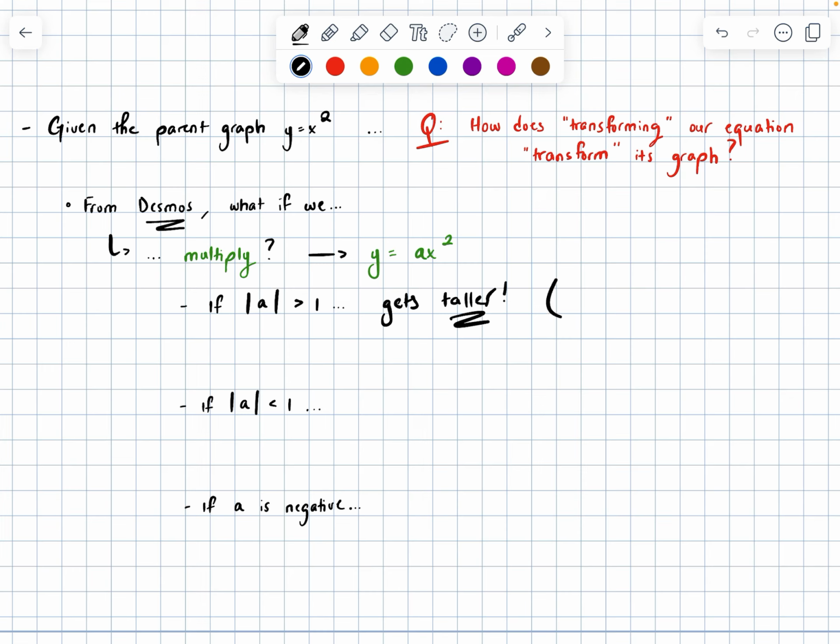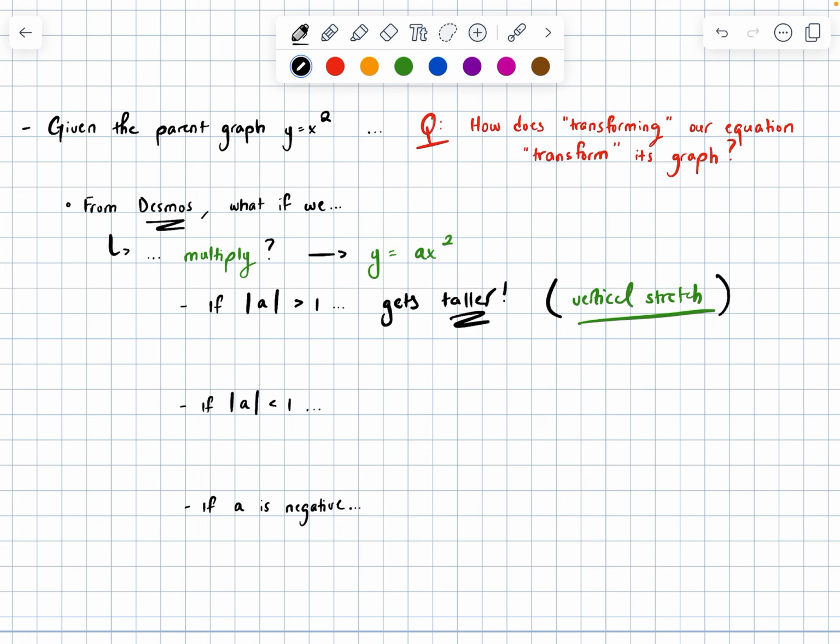The formal definition for what we described here: if we're getting taller, we're pulling it away from the x-axis. It is being stretched out. And if it's going up and down, away from the x-axis, it's being stretched vertically. So this is what we called a vertical stretch.